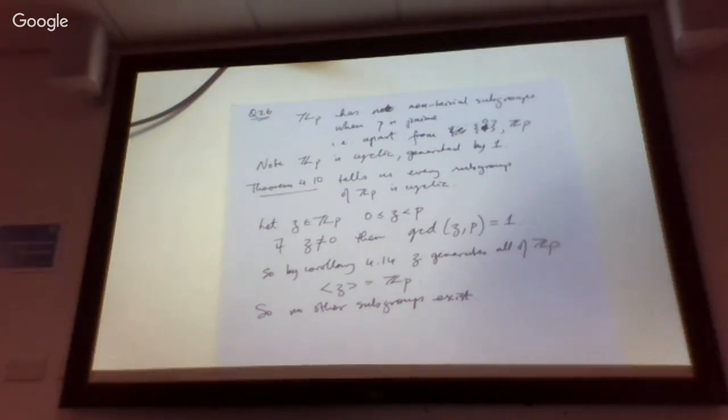Corollary 26 is an interesting one, another consequence of this.